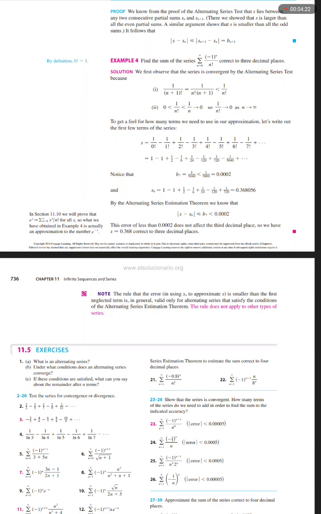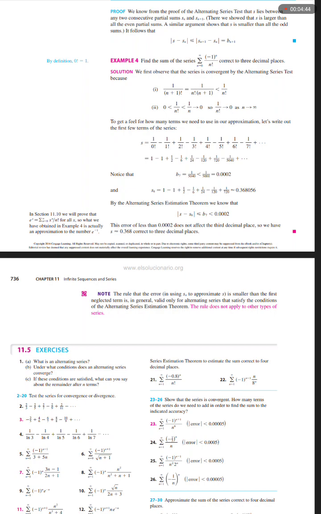This error of less than 0.0002 does not affect the third decimal place. So we have S is approximately equal to 0.368, correct to 3 decimal places.